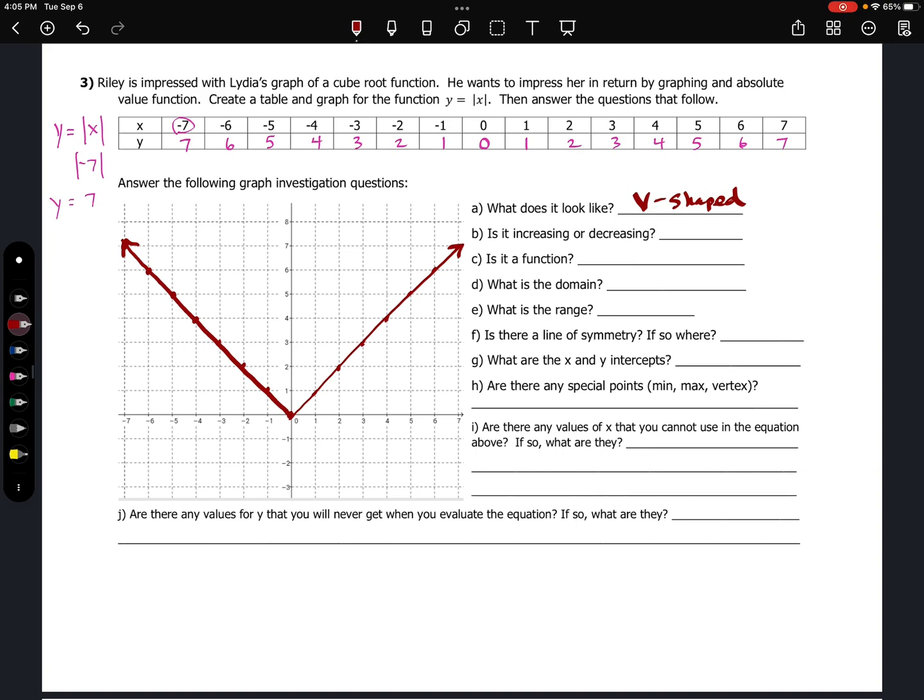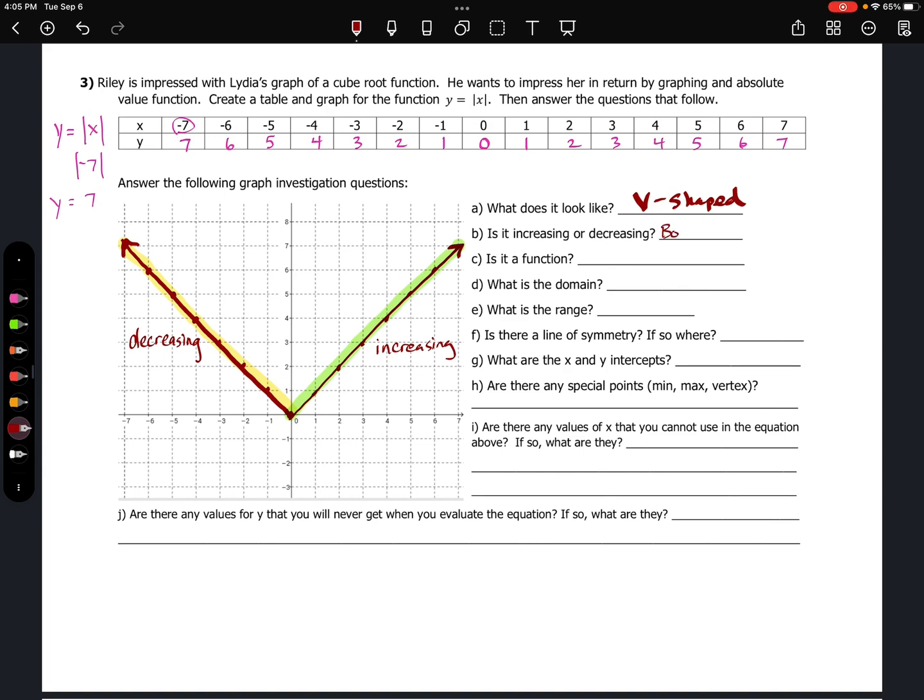Is it increasing or decreasing? Well, as we trace with our pencil, right, it's going down right now, so this would be decreasing until we get to 0, and then it looks like it's going to end up starting to increase. Right, so on this side we've got decreasing. On this side it is increasing.